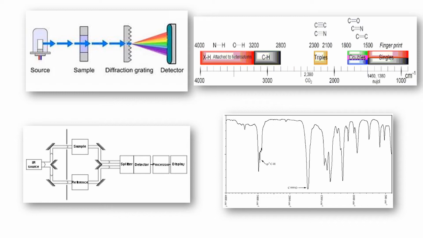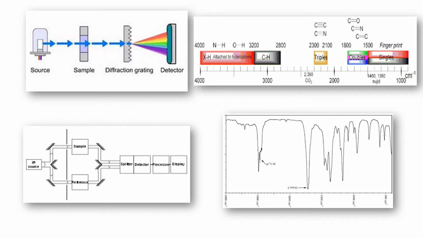The block diagram of FTIR spectroscopy is shown here. The IR source is given, and two convex lenses at 45 degrees are used, so the IR rays are produced. One beam is put on the sample and another goes to the reference.